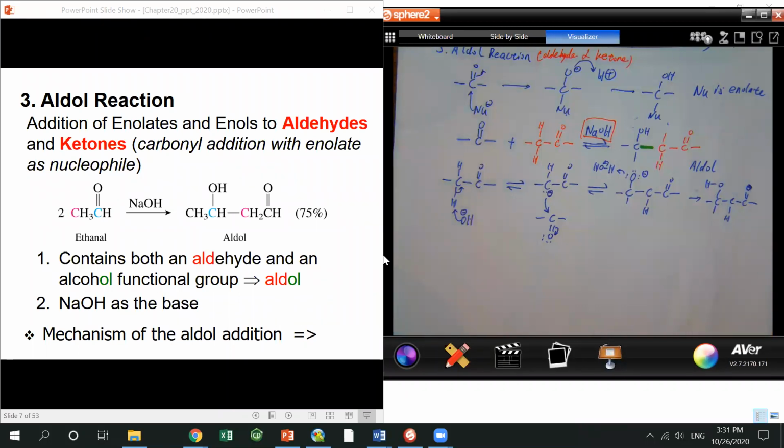So that's it. The mechanism is actually not hard. Just keep in mind: you deprotonate an alpha hydrogen, then the alpha carbon attacks the carbonyl carbon, and that gives you the final product.